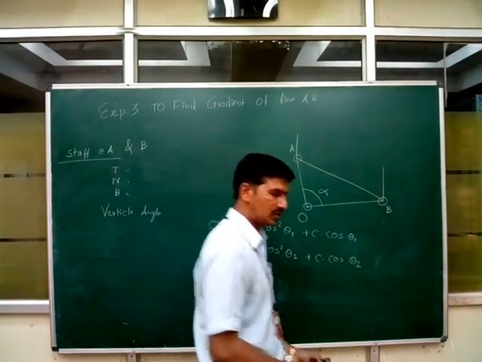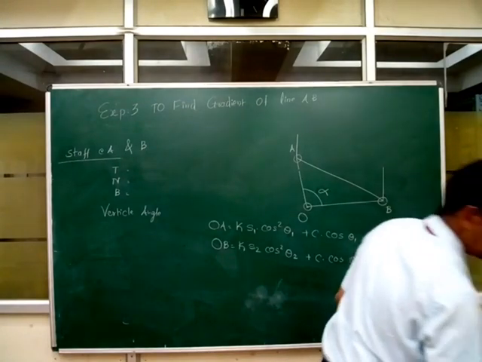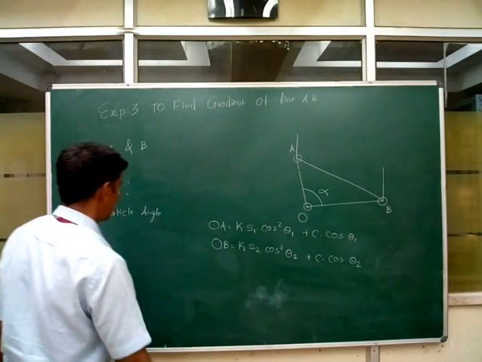How can we find out the distance AB? The formula to calculate the distance AB is the cosine rule. What is the cosine rule?